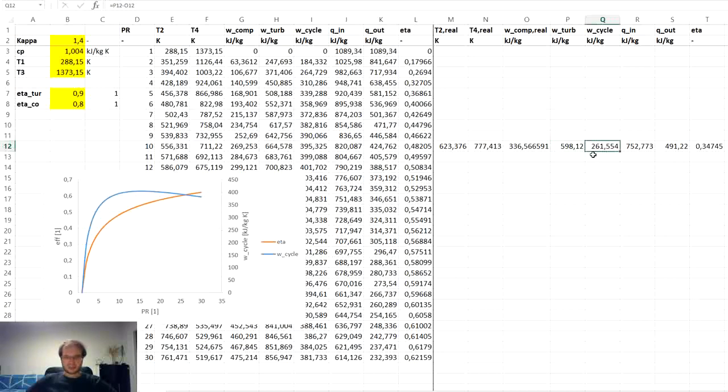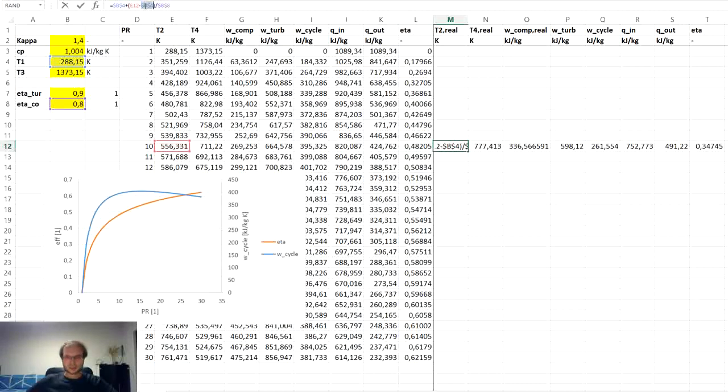Work of the cycle is therefore significantly lower. The heat input, we will see later on the TS diagram why, got a little bit lower, from 820 to 752, but the heat output increased quite significantly, and the efficiency dropped from 48% by about 13 percentage points to 35%.